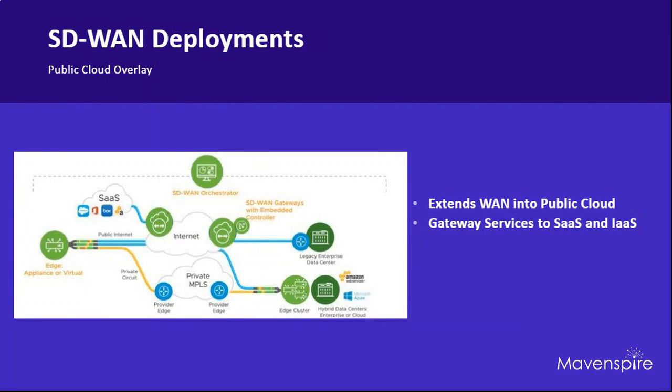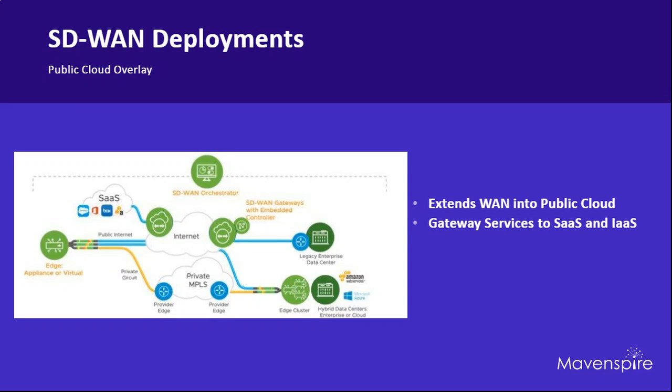And then as I described before, you're pushing the edge into the cloud, and SD-WAN allows you to interconnect your SaaS offerings and infrastructure as a service offerings. So what do I mean in those examples?